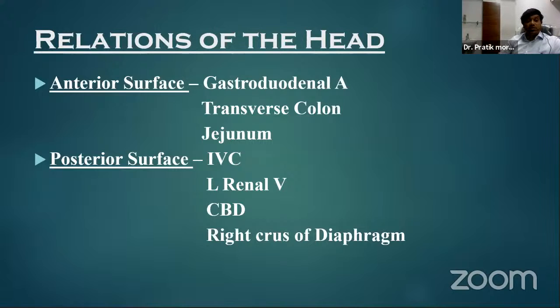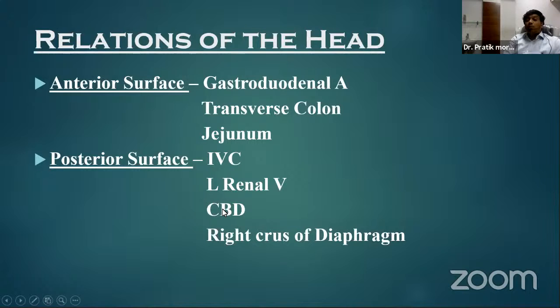In all these organs, the IVC will be related posteriorly. It's quite easy to remember. Then the left renal vein, a major tributary of the inferior vena cava, can also be seen.